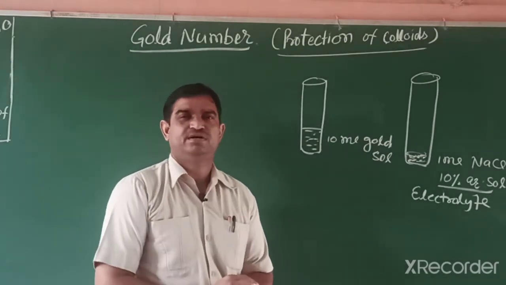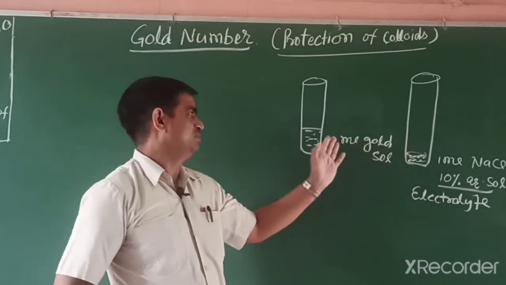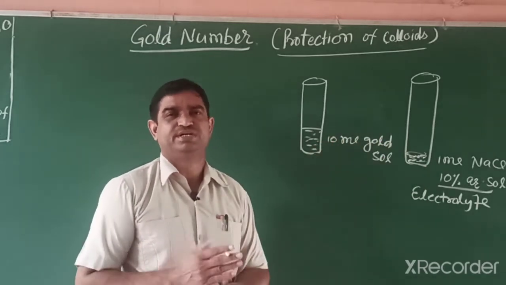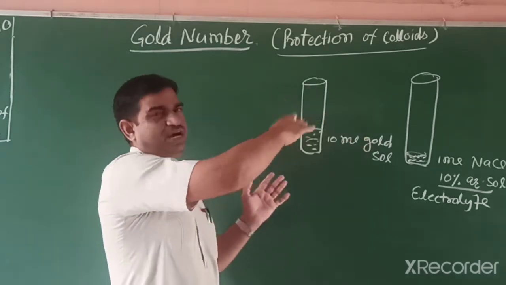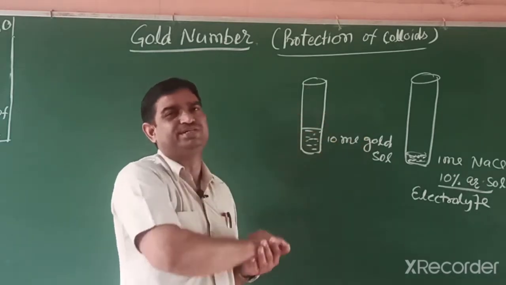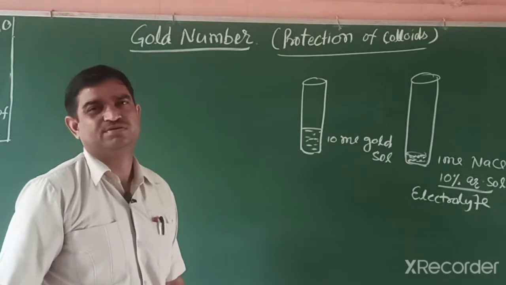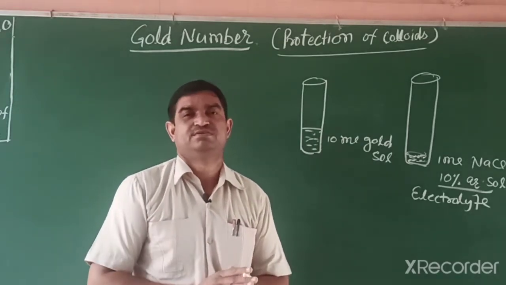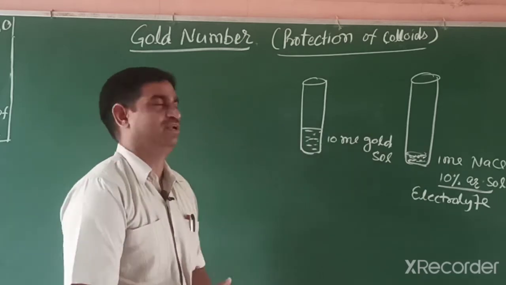So what will happen? This 1 ml sodium chloride has positive and negative charge, and the gold sol, we know, has negative charge. So the positively charged ion coagulates it and it precipitates out. But we don't want a precipitate. We want to save the colloid as usual.